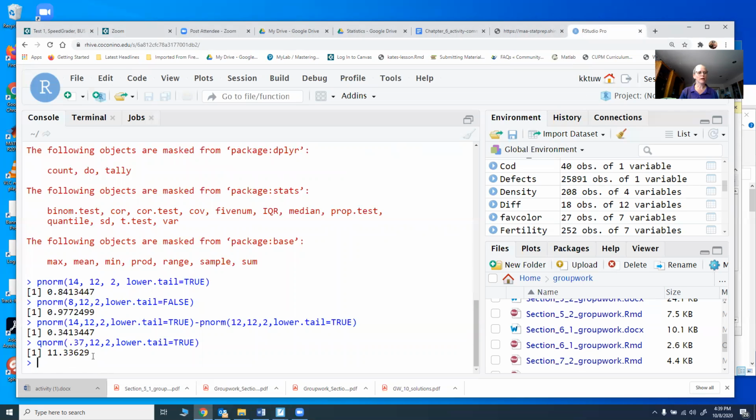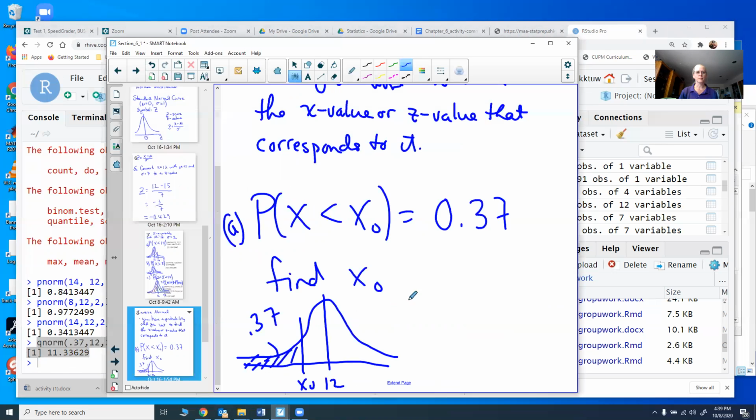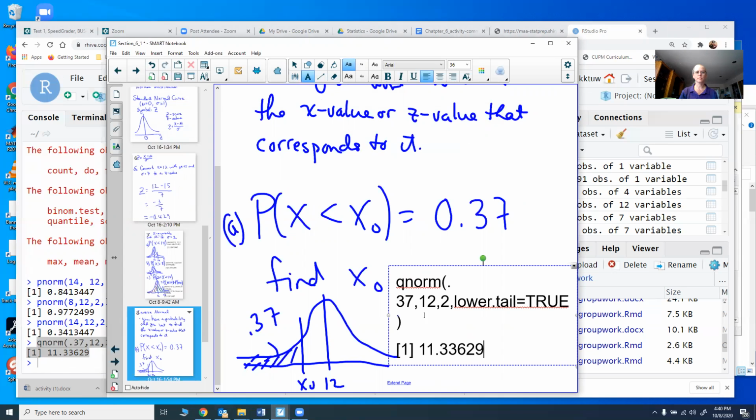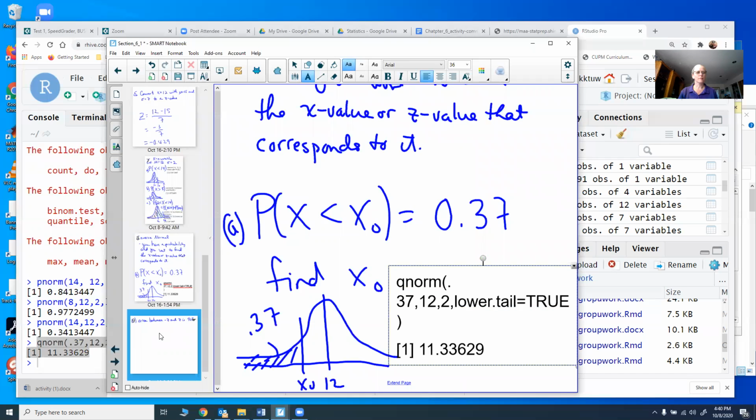Hit return, it'll come back with your answer. So I can now put that here, and I now have that my x0 is 11.34. All right, so there's my x0, that x value here. And that's it. Let's try one more.